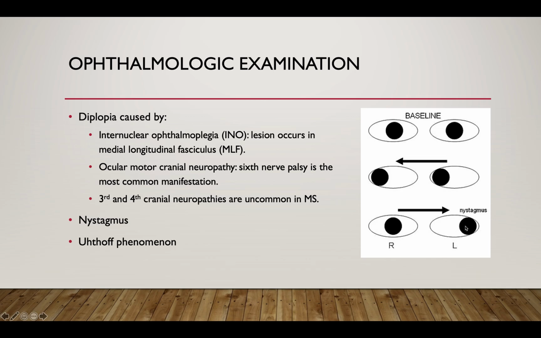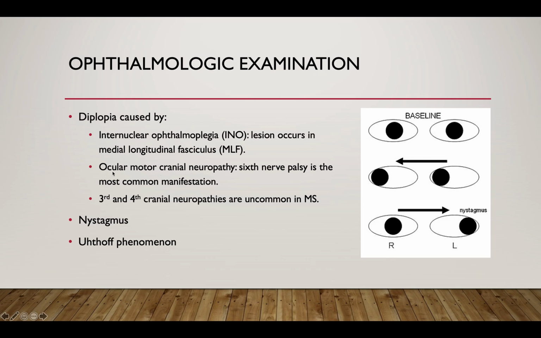So the left eye has nystagmus. This is characteristic of multiple sclerosis. And this sign causes diplopia, so the patient cannot see well.